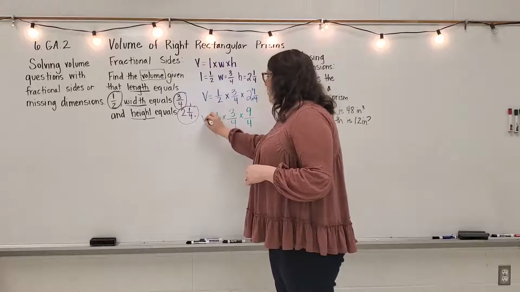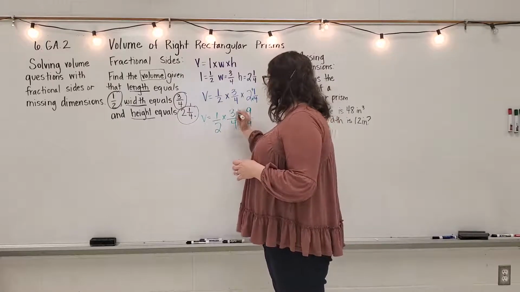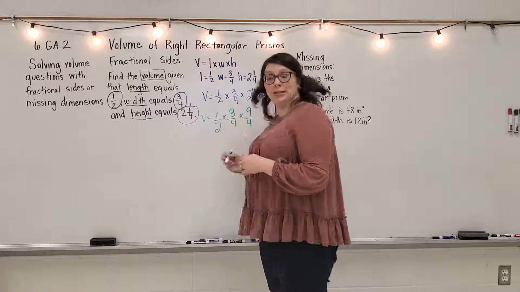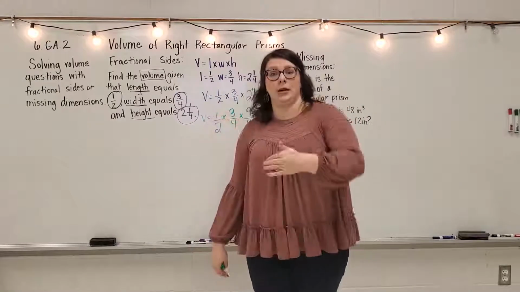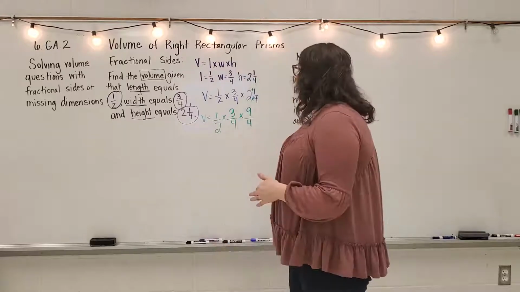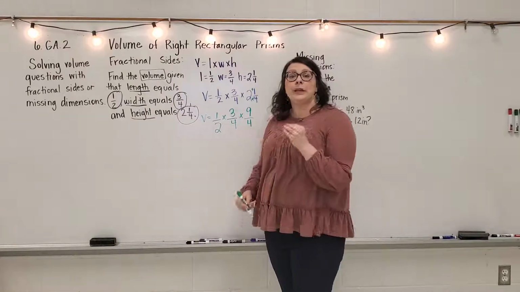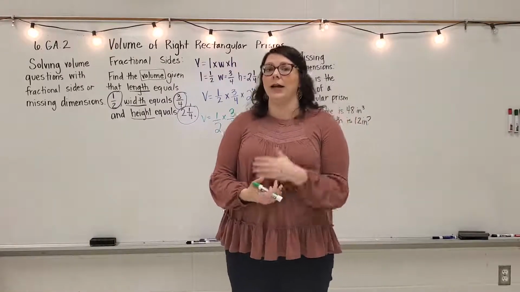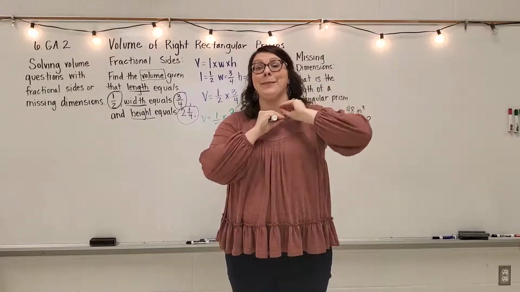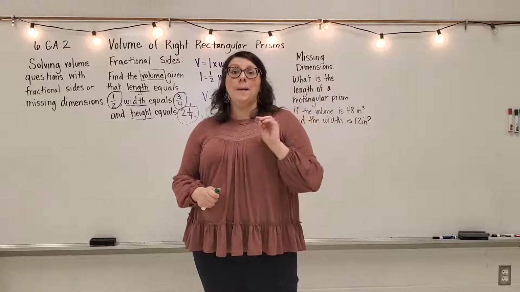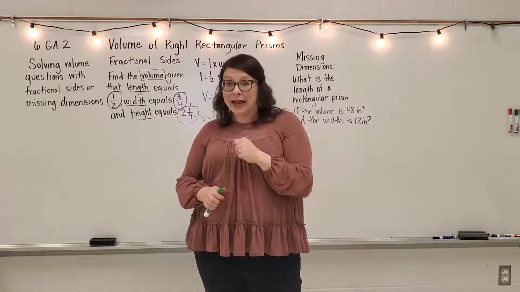So now I'm ready. I've got all of my fractions here, and now I can multiply numerator times numerator, denominator times denominator. Another thing to point out is you can always simplify if there is a numerator and a denominator that can both be divided by the same factor.